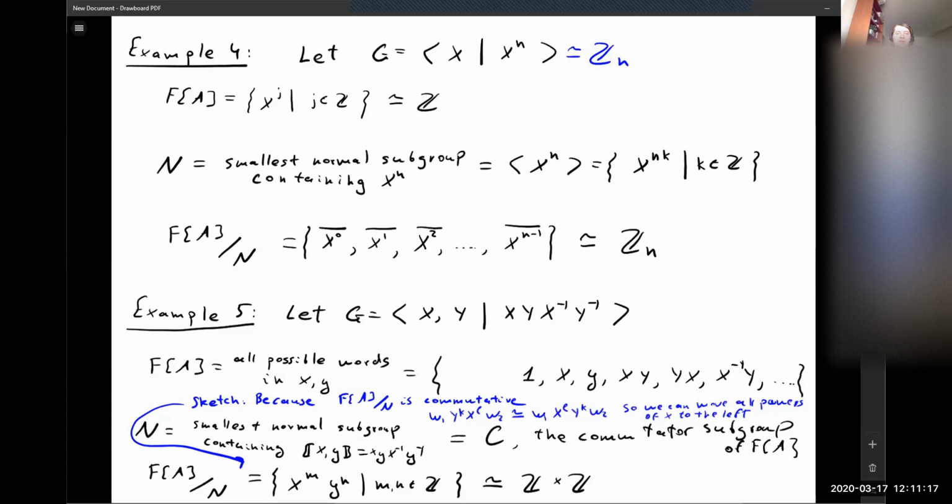If we have a normal subgroup, let's say H, then the quotient G mod H is abelian if and only if the commutator subgroup is contained in H. So in particular, the quotient by the commutator subgroup gives us an abelian group. So it's because of the commutator subgroup that we were able to say that F(A) over N is commutative. That's right, exactly. Okay, thank you.